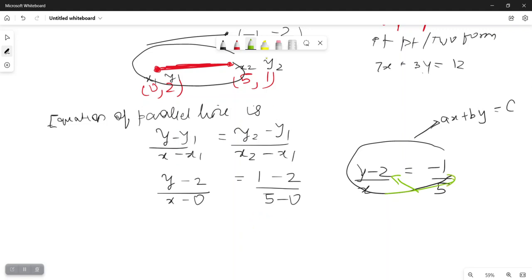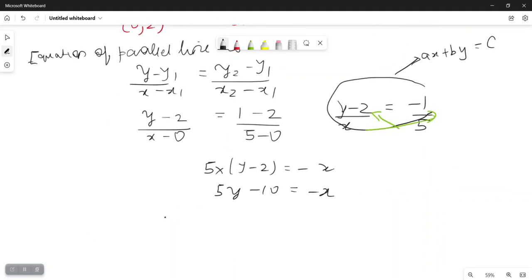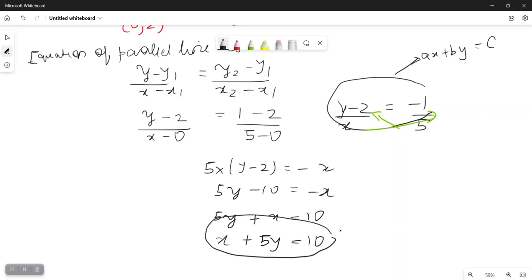So we do 5 into (y minus 2) is equal to minus x. So 5y minus 10 is equal to minus x. So you get x plus 5y equals 10. Now this is the equation of the parallel line.